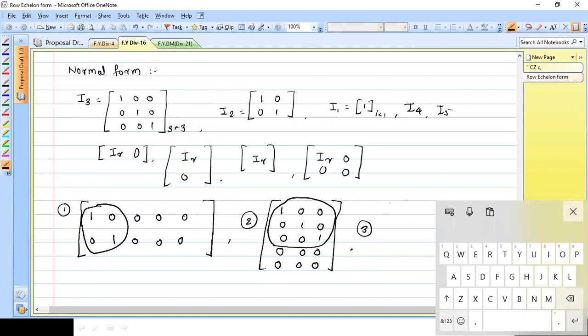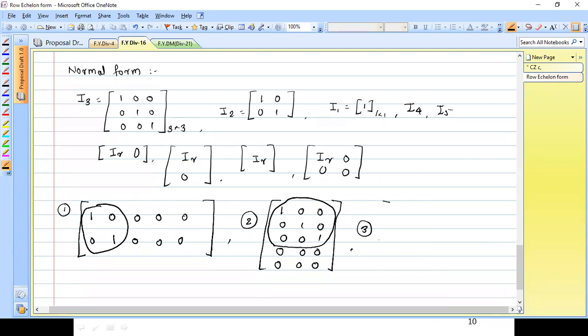So what you are getting, let's see. You have a very big matrix like that. You have here 1, 0, 0, 1. Then you have here 0 matrices. Again here you have 0 matrices, and again you have here 0.